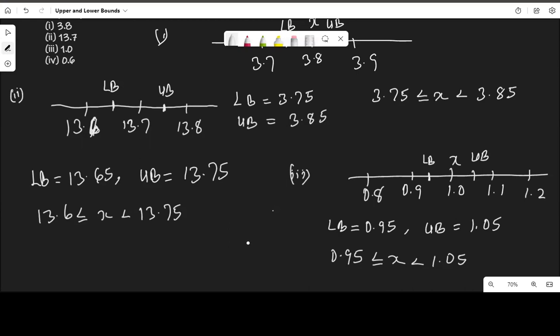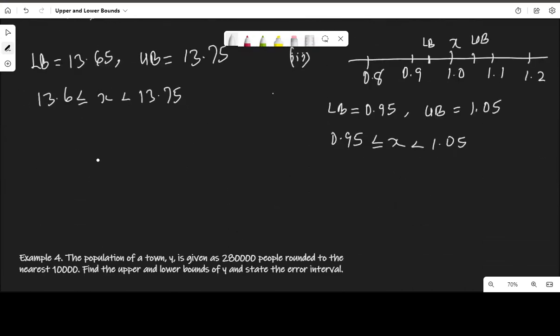Then lastly, 0.6. Remember, we are working to one decimal place. The next digit to this is 0.7, before it is 0.5. So in between is the lower bound, and then in between this and this is the upper bound. So let the number itself be S. To get the lower bound, we add this to this and divide by 2.